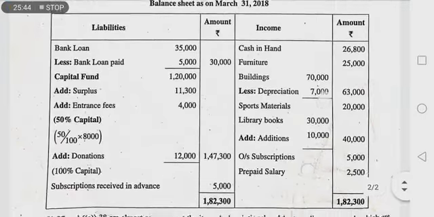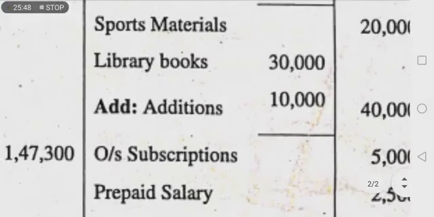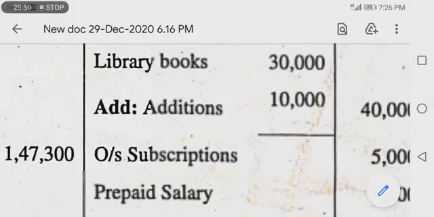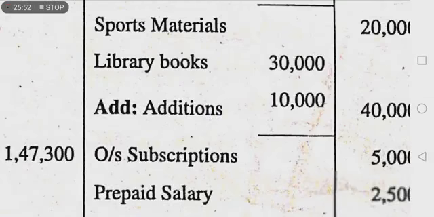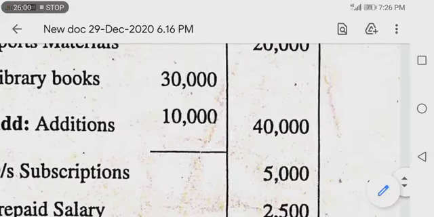Here you can see under the new balance sheet they have written the library books, and they have added the books purchased in addition, which was given in the payment side 10,000, and written 40,000 total amount in the main amount column.